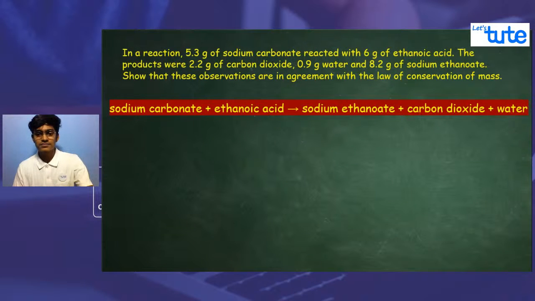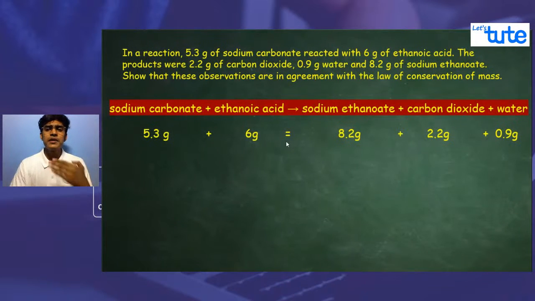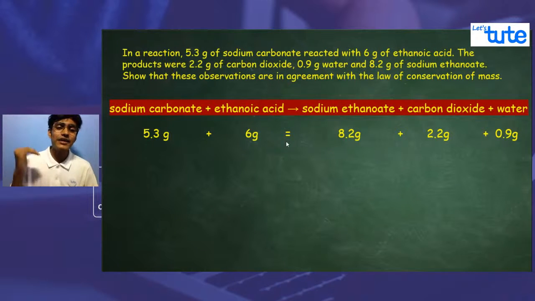Okay, so let us put in the values of sodium carbonate, ethanoic acid, sodium ethanoate, carbon dioxide and water. These are the values which are given to us. We substitute them and try to find out whether the law of conservation of mass is being applied or not, whether it's satisfying the condition or not.